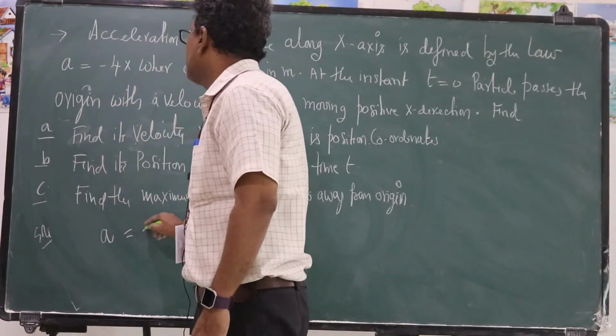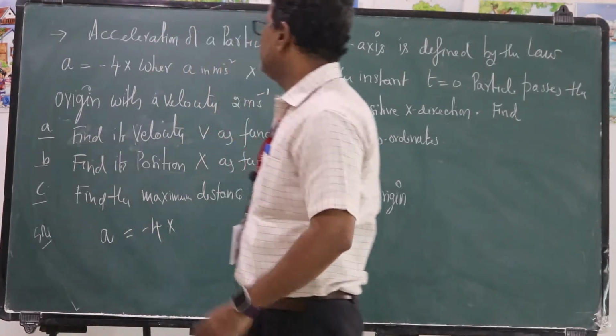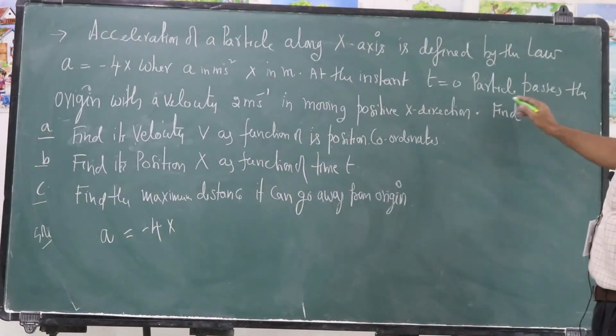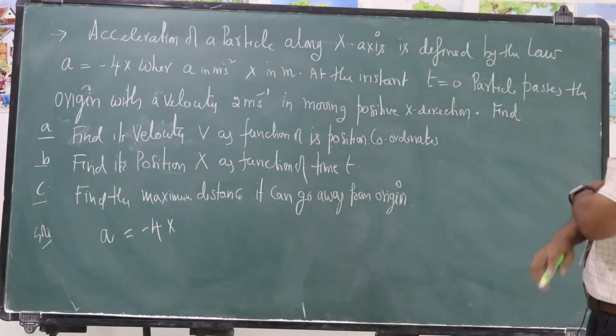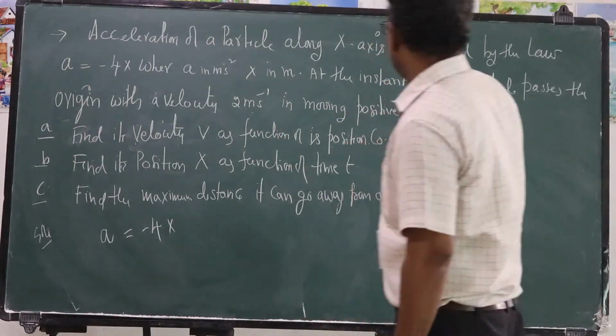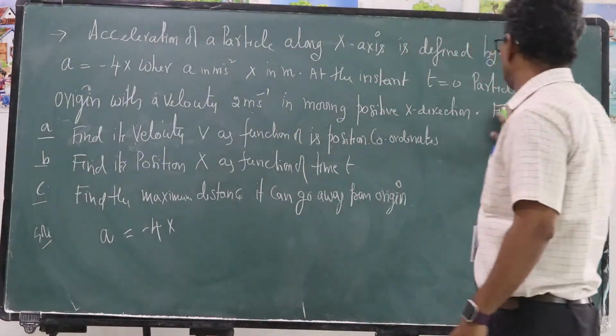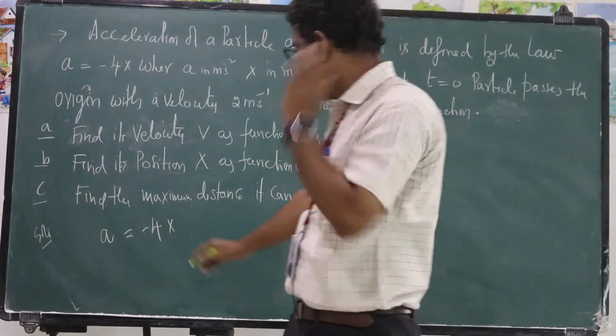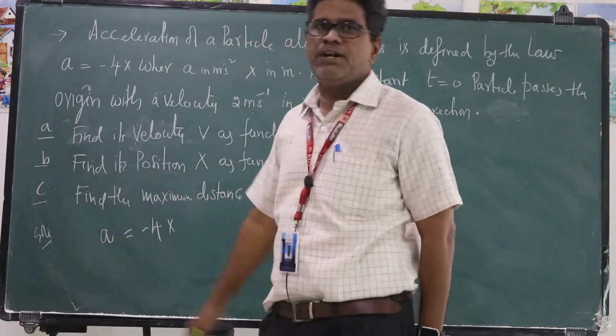Acceleration is minus 4x, a function of x. At the instant t is equal to 0, the particle passes the origin with velocity 2 moving in the positive x direction. So find its velocity, which is a function of x.